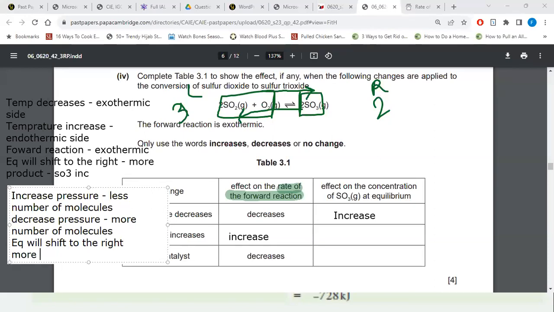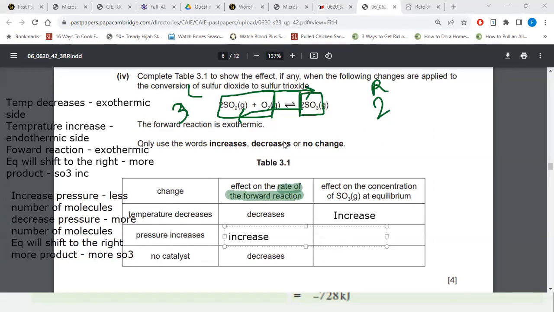So I will get more product. That means I will get more sulfur trioxide. So I will over here write down my answer as increase. The concentration of sulfur trioxide will increase.